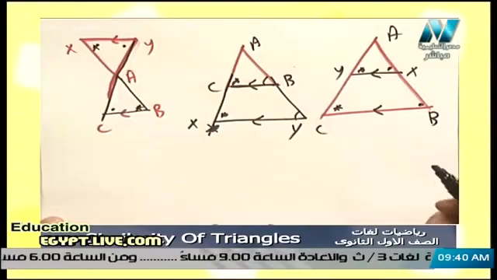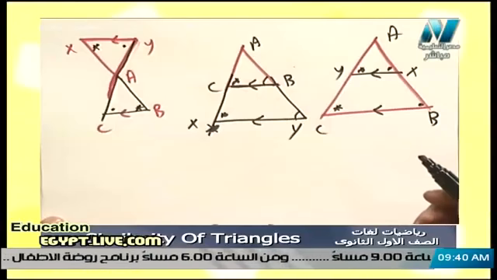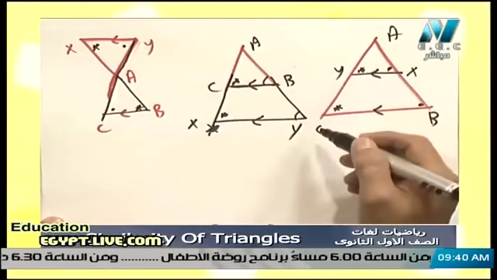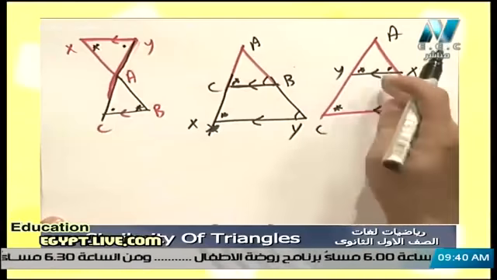So if we have a parallel side intersecting the two sides of a triangle internally like that or externally like that, we will have two triangles, the small one and the big one, that are similar to each other. Okay, let's move to the example.